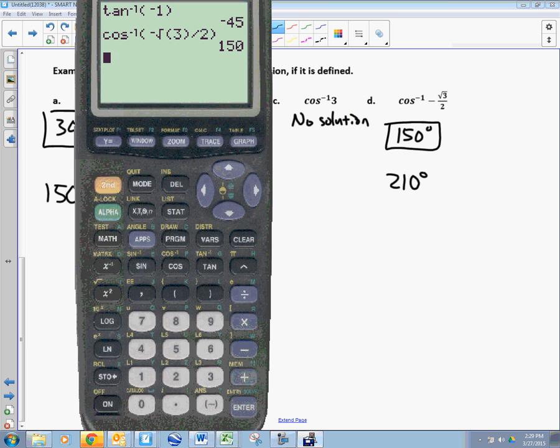Plug it into your calculator. That's it. For your assignment, all I want you to do is just use the inverse key on your calculator. Why I'm doing this right now is I want you to understand that there's more than one spot where it's equal to that.